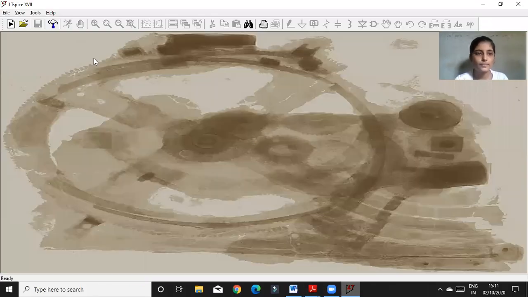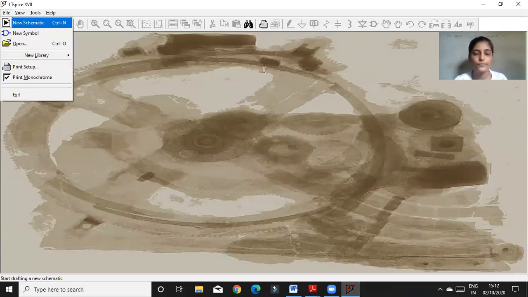So for that, click on file and new schematic.